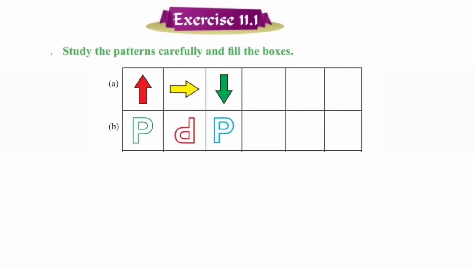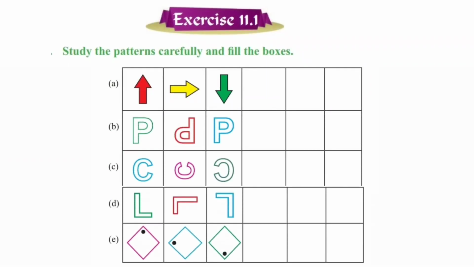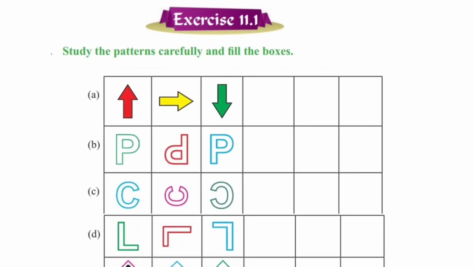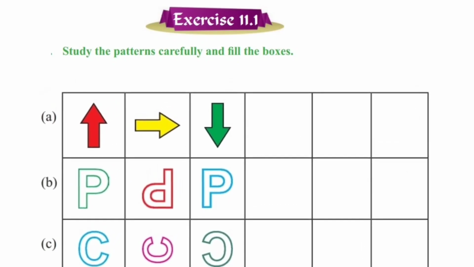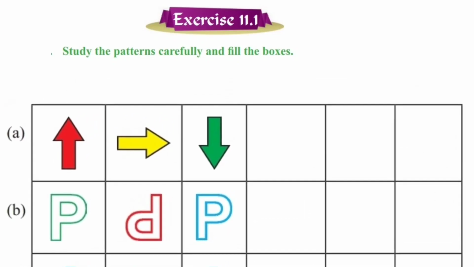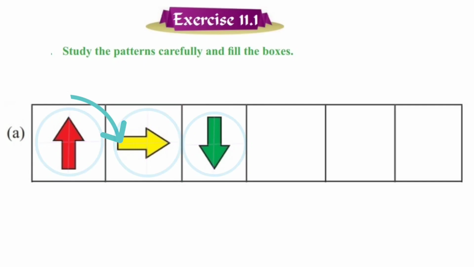Now let us solve first question of exercise 11.1. In this question, we need to study the given pattern and then fill the boxes. In part A, let us first identify the rule used. It is clear that the figures are rotated in clockwise direction by 1/4.